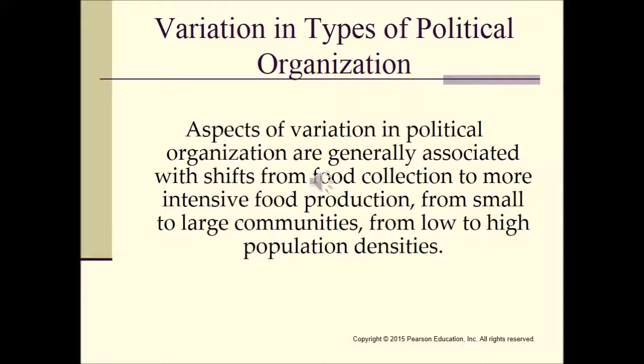So with food collectors, foragers, we have smaller population band societies, and then as you move along shifts in food getting strategies, which we can also see over the history of humans, from food collectors to maybe horticulture or pastoralism, onto intensive agriculture, into commercial and industrial and post-industrial and that type of thing, there are shifts in population densities.